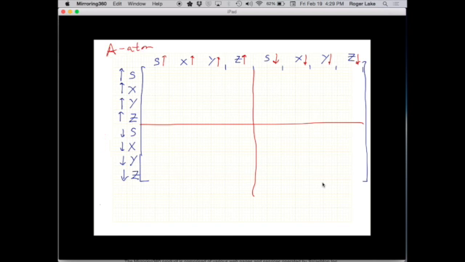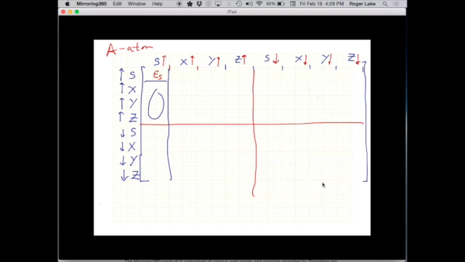Well, the S orbital is completely unaffected by all of this. The S orbital is still just living in its own little world. The p orbitals do not couple to an s orbital, right? So we can just separate out the s orbital's world from everything else and be done with it. There's no interaction between s and anything else.